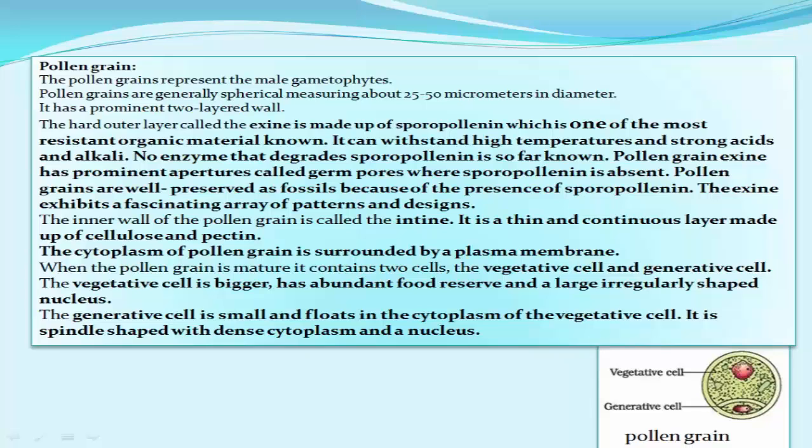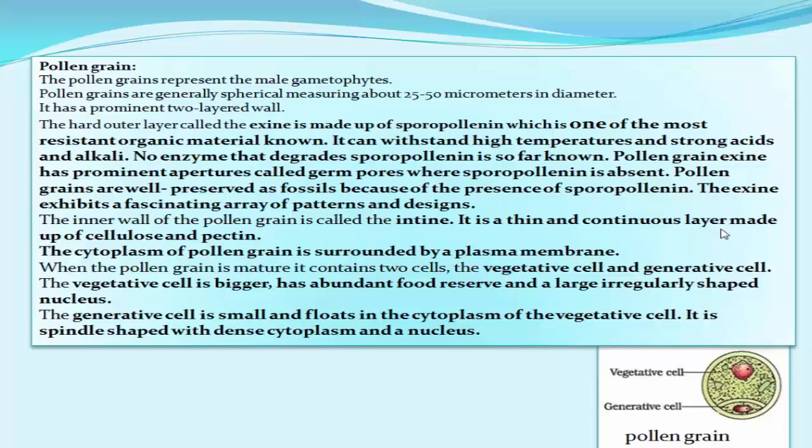Then the pollen grain contains cytoplasm, and that cytoplasm is surrounded by a thin layer of plasma membrane, and the pollen grain contains 2 cells, vegetative cell and generative cell.